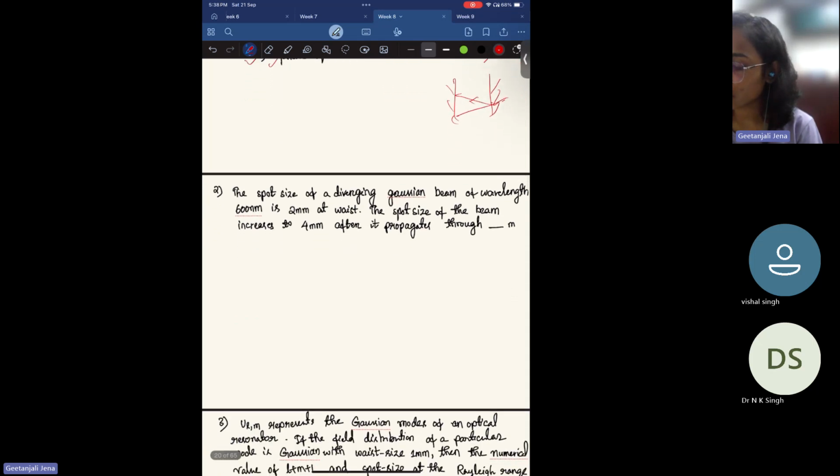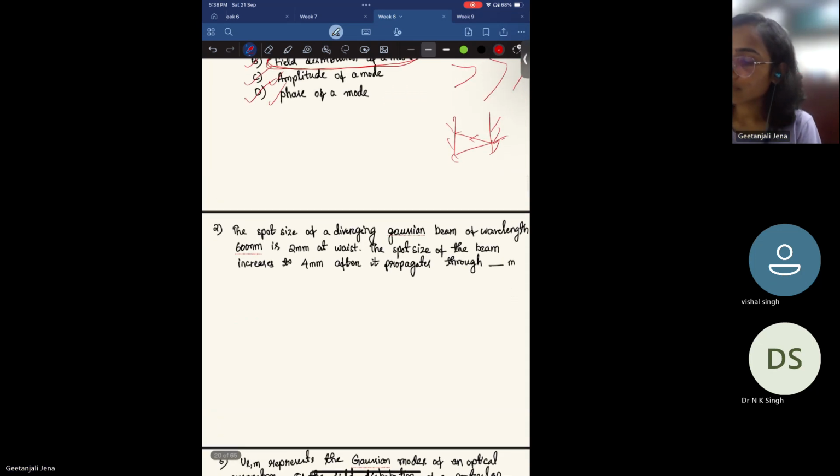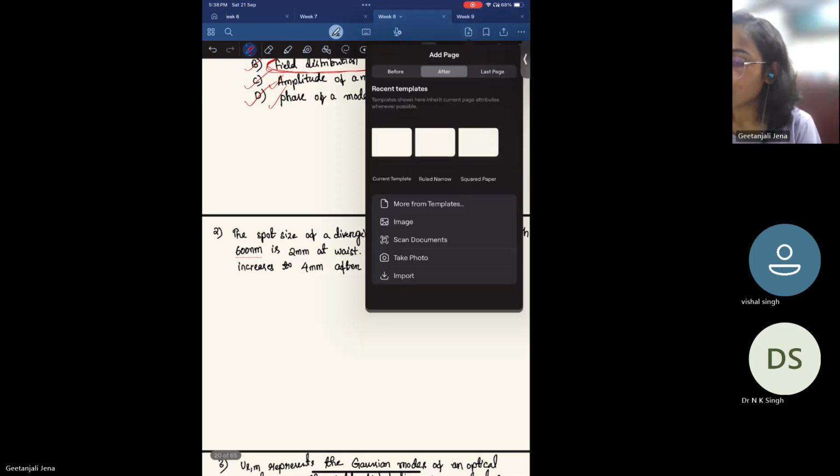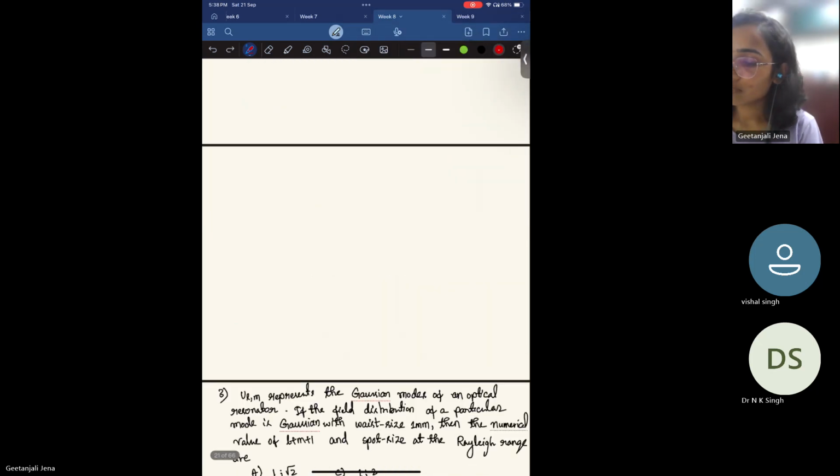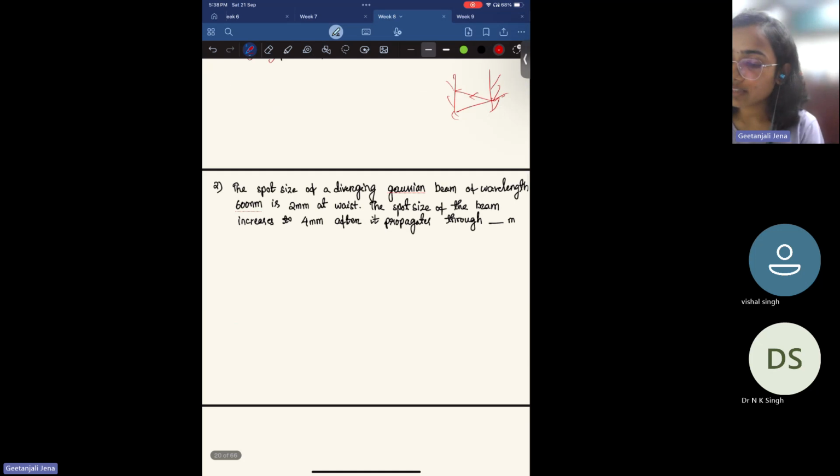So let us see one numerical problem. The second problem is, it is given the spot size of a diverging Gaussian beam of wavelength 600 nanometer is 2 millimeter at least. So that means W0 is given to you.